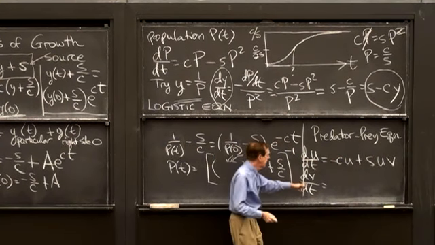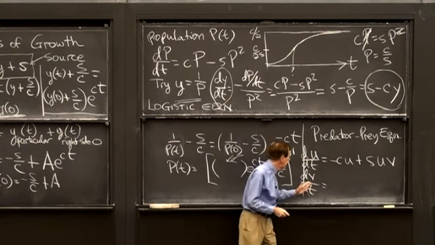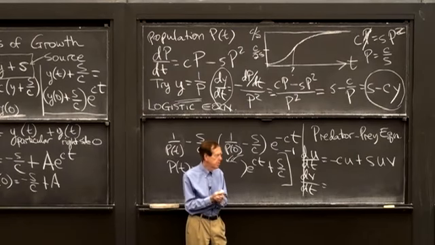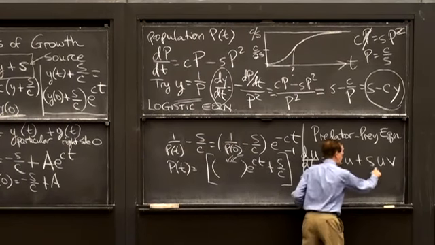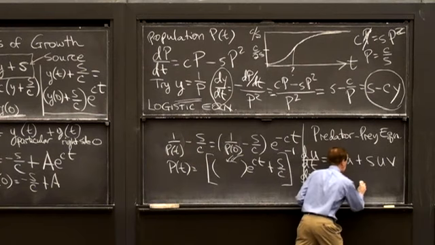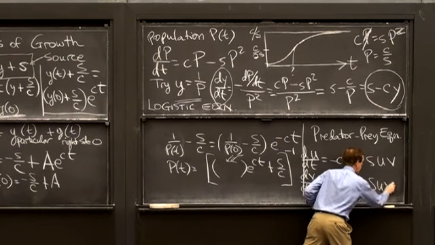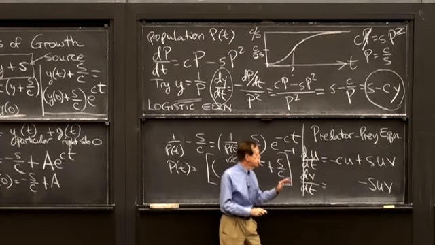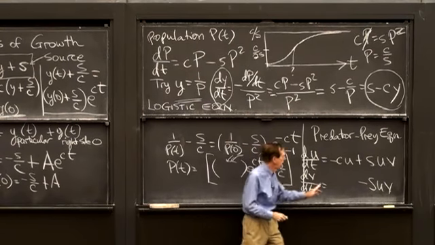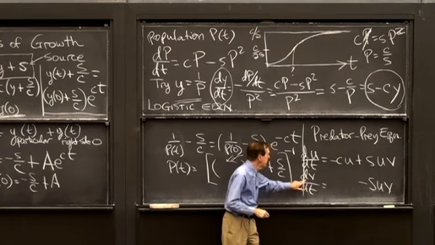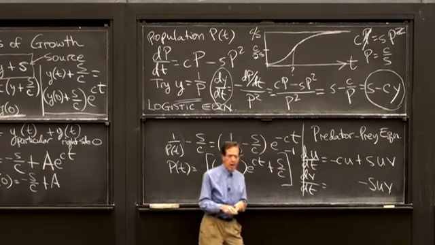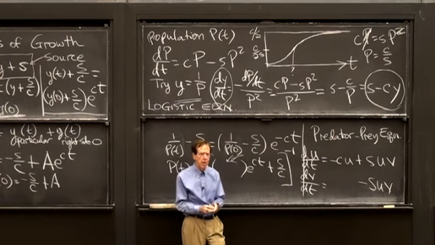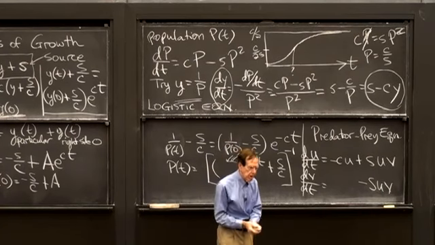And now what about dV/dt? Okay, V is in a totally different position. I guess it's getting eaten. So this term, well, I don't know, I'm not sure what all the constants are here. The prey, this is now the prey, the little rabbits, they're just eating grass. Plenty of grass around.